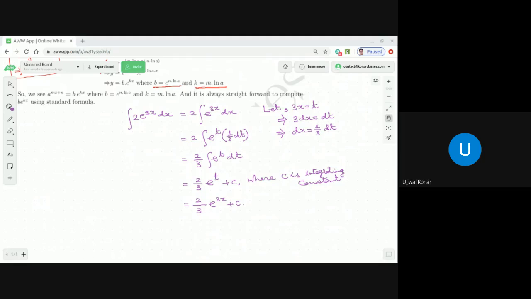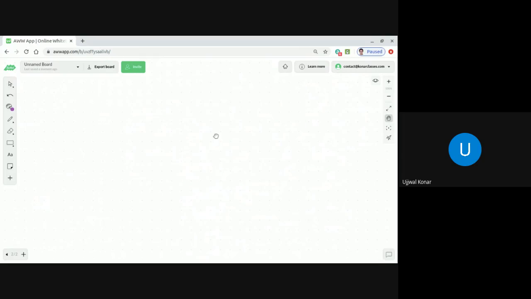Now, in the method of substitution, let me first explain by means of an illustration, because illustration makes sense. I do not want to go into the depth of the theory without giving an illustration.